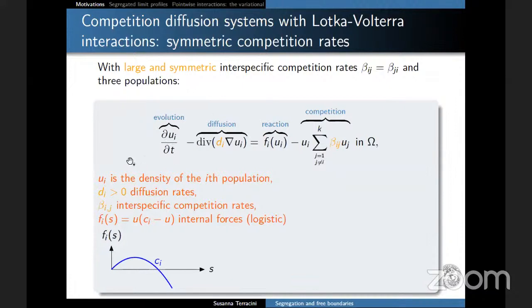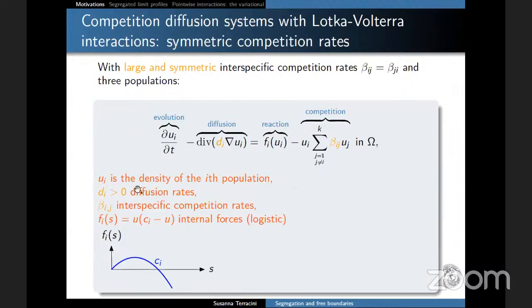Just to summarize, we have an evolutionary equation with some diffusion term, some reaction, and some competition. And we are interested in the case when the competition rates, b_ij, go to plus infinity.